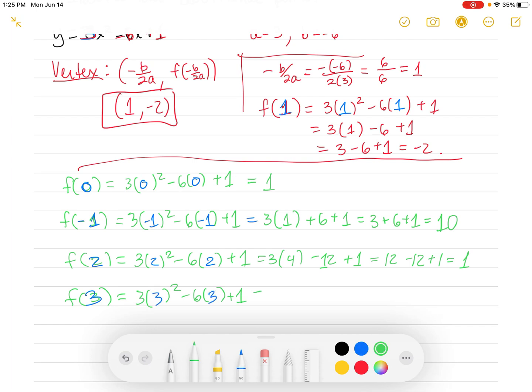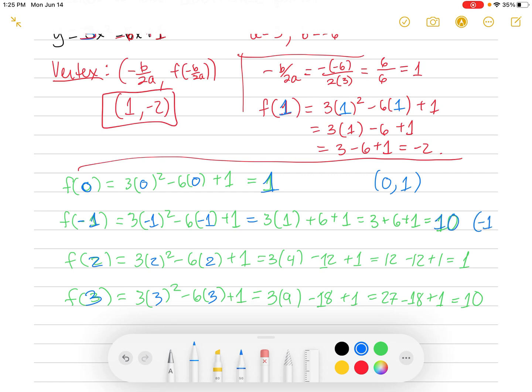Finally, plug in 3 into our function: 3 times blank squared minus 6 times blank plus 1. Plugging in the 3 here gives us 3 times 3 squared is 27. 6 times 3 is 18, plus 1. So we've got 27 minus 18 plus 1. It's going to be 10.